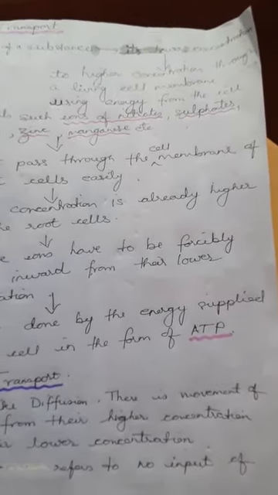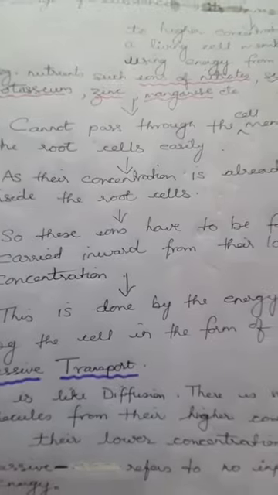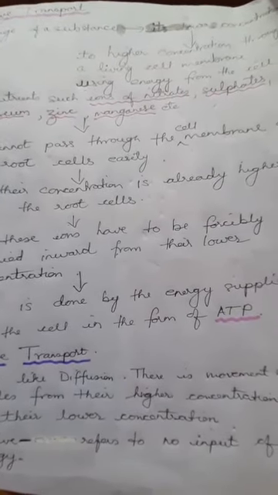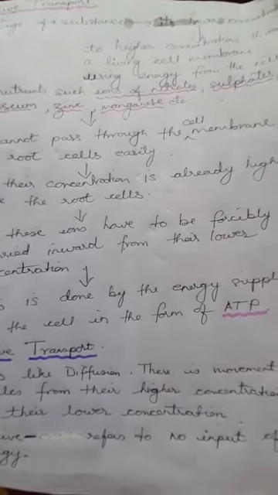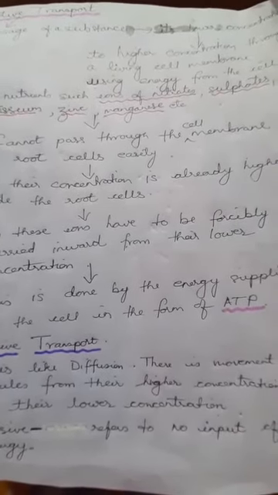Now, what usually moves? The nutrients such as nitrates, sulfates, potassium, zinc, and manganese. These are the nutrients that usually move from a lower to a higher concentration.